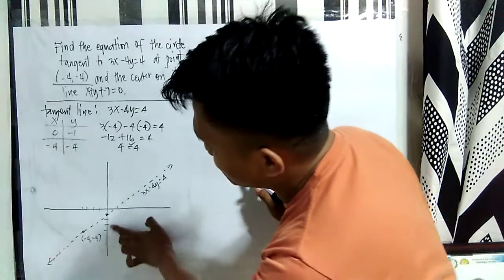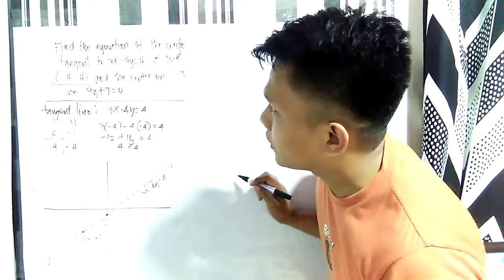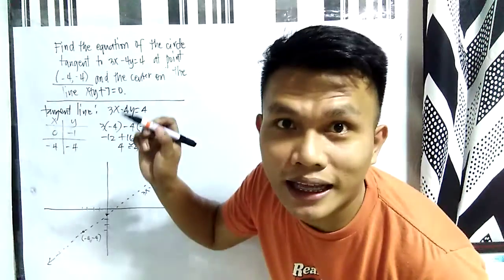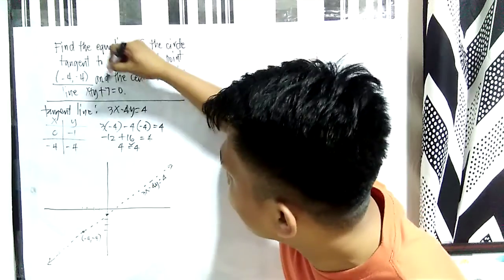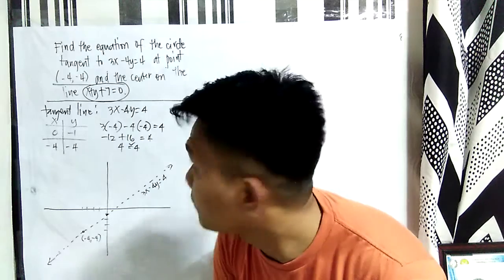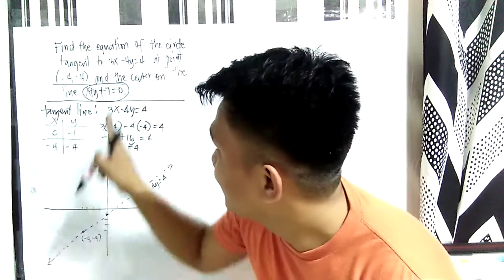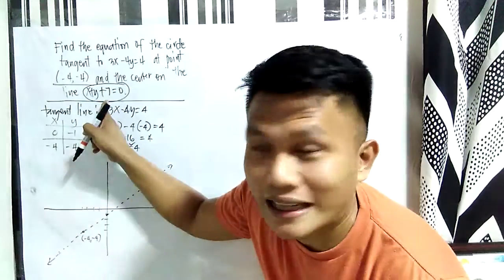Okay? So the next one is, ang kailangan nating makita, nasaan ba yung ating circle? Sabi dito, ang circle daw natin ay may center na nandito sa ating line x plus y plus 7 equals 0. So paano gagawin natin? Let us graph this line para makita natin.